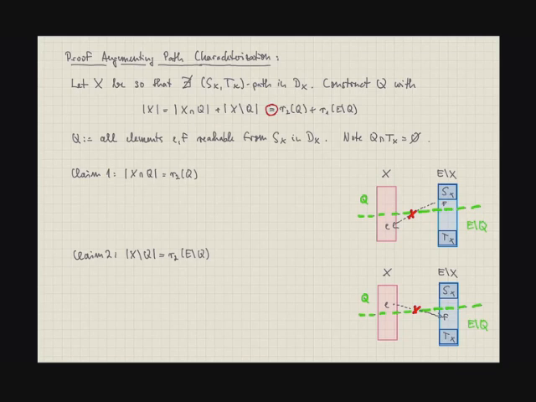Okay, so remember how we did it in the maximum flow problem. We were just defining this minimum cut by looking at all the vertices which were still reachable from the source in the corresponding residual graph. And we do something which is almost the same here, namely we define this set Q, subset of the elements, as all the elements on both sides which are reachable from this subset of vertices Sx.